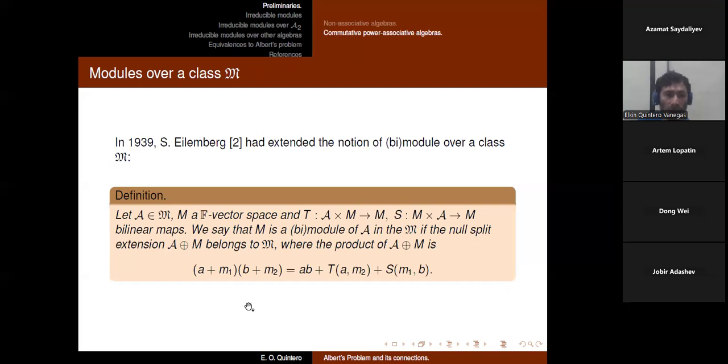In general, consider models over a class M. If we have A, an algebra in the class M, a vector space M, and T and S two bilinear maps with domains A times M and M times A, we say that M is a bimodule of A in the class M if the null split extension A plus M belongs to the class M. The product in the null split extension is defined as follows: the part belonging to A is the product in A, and the part belonging to M is defined by the maps S and T, first T applied to A and M2, and S applied to M1 and A.